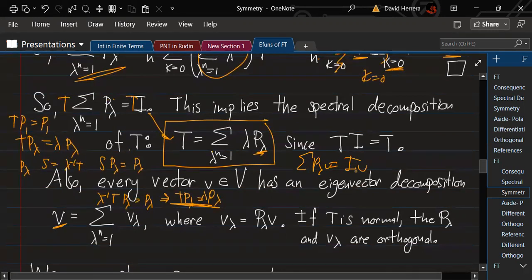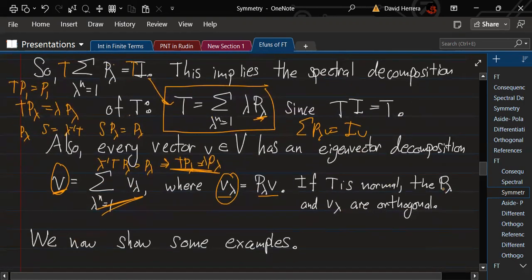What you get is that v, which is this thing, is the sum of P lambda v. So if you define v lambda to be P lambda v, this right here is going to be an eigenvector, or else 0. And if you're summing over them, you get v broken up into eigenvectors. And again, if T is normal, then the P lambda are orthogonal projections with orthogonal ranges, and the v lambda are orthogonal.